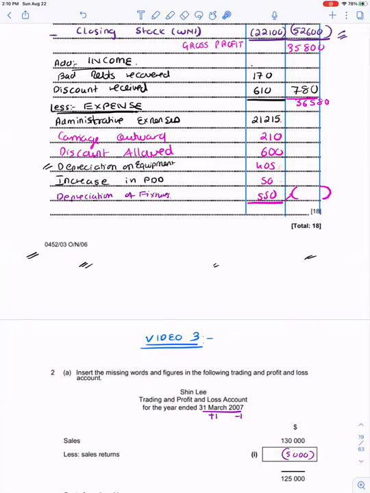You come up at a figure of 23,030. This you will subtract from this. Okay, you will get your net profit or net loss. 23,030 minus 36,580. It is giving you a profit of 13,550.